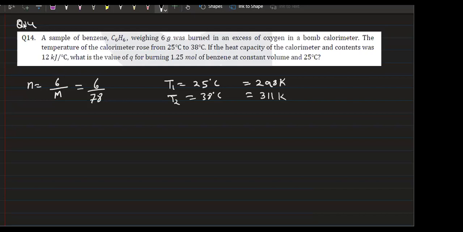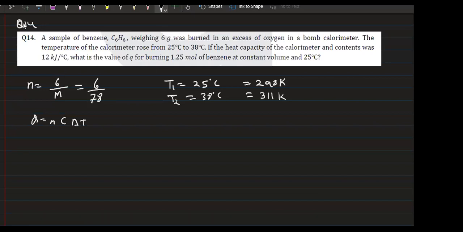ये तो सिंपल फॉर्मूला पुटिंग गेटिंग हो गया ना, राइट? याद है कि नहीं फॉर्मूला? Q इज इक्वल टू क्या होता है? Q is equal to n C delta T. Yes or no? And this is 12.12 kilojoule per degree centigrade, right?